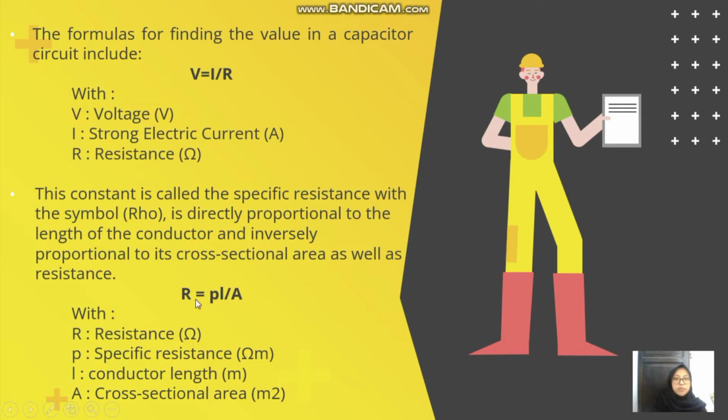This is R equal P l per A, with R resistance in ohm, P specific resistance in ohm meter, and then l conductor length in meter, and then A cross-sectional area in m to the power of 2.